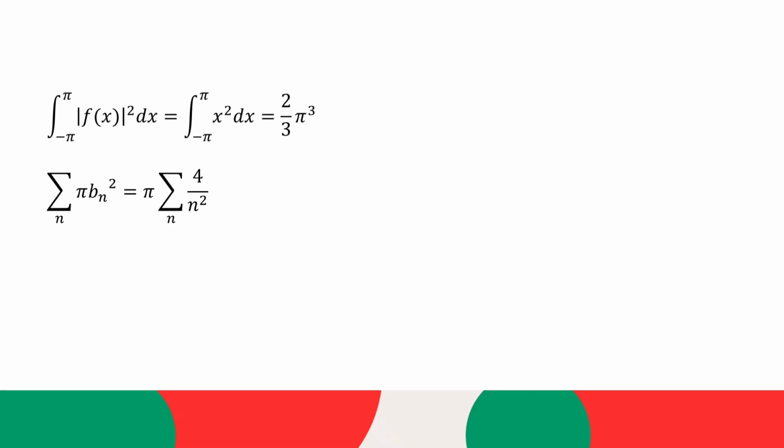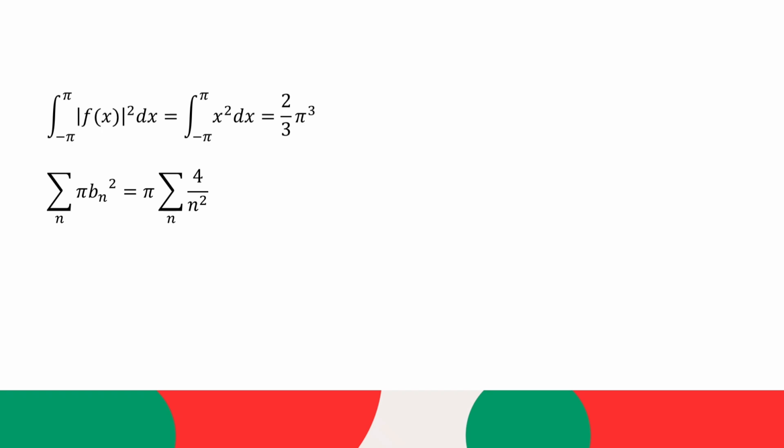Putting this all together, the integral of the magnitude of f of x squared dx is the integral from negative pi to pi of x squared dx. Using integration techniques, this equals 2/3 pi cubed, and the sum over n of pi times bn squared is nothing but pi times the sum over n of 4 over n squared.